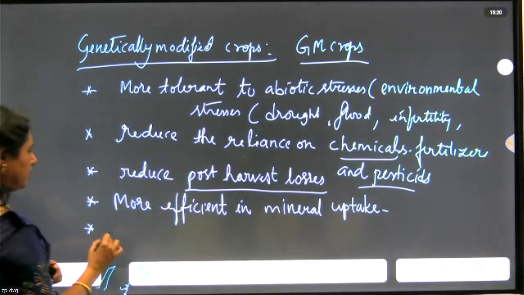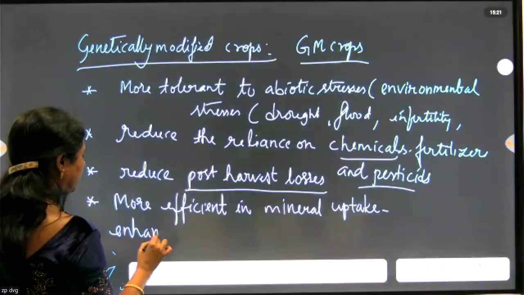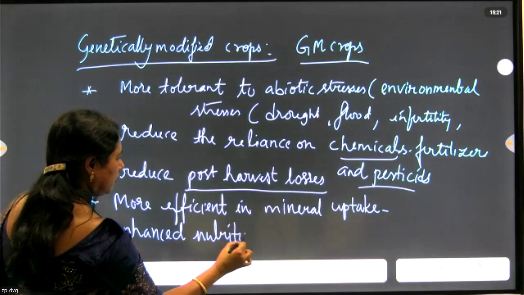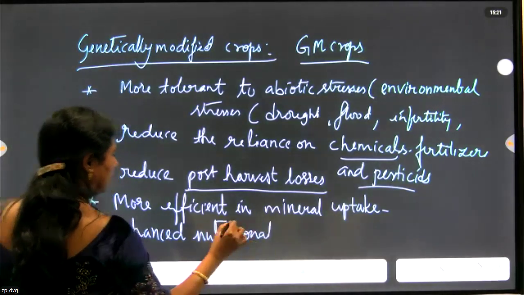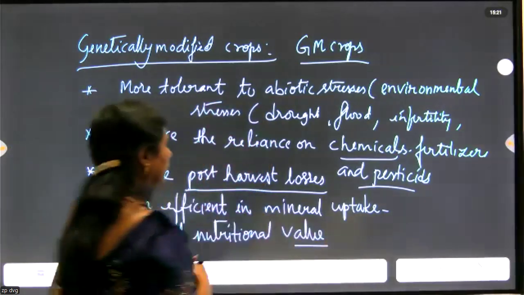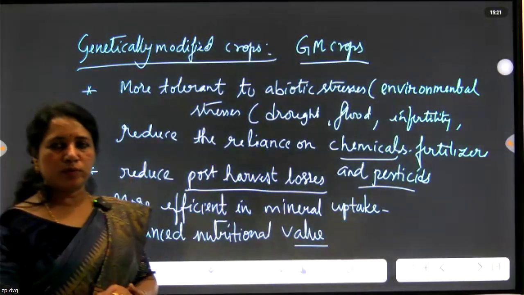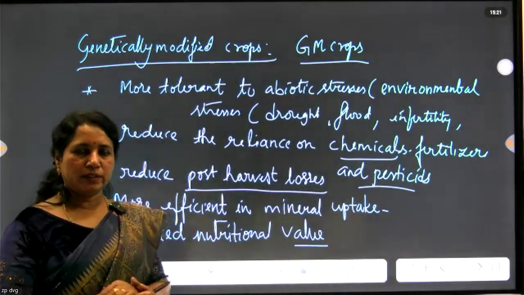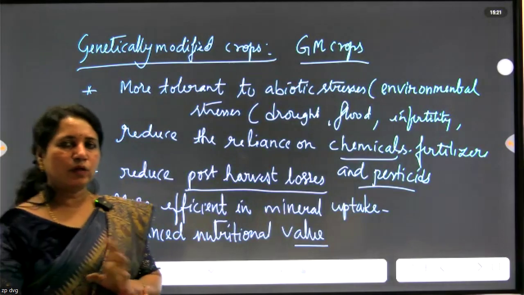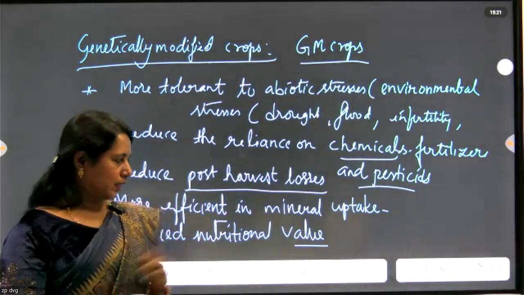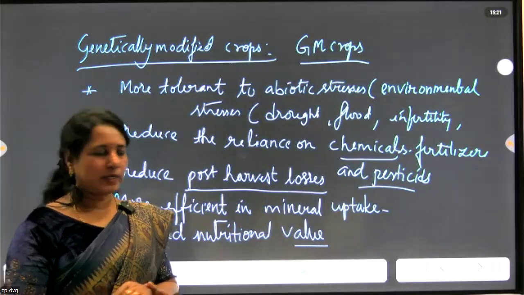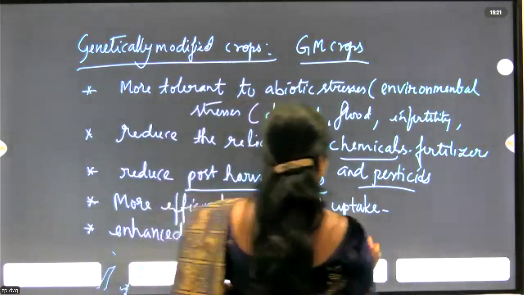And then enhanced nutritional value. That means these genetically modified crops can be modified in such a way that even though certain vitamins are not there, you can make them produce the required vitamins. For example, the golden rice.